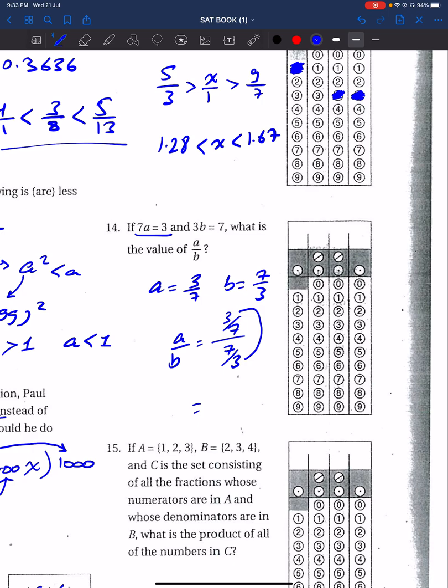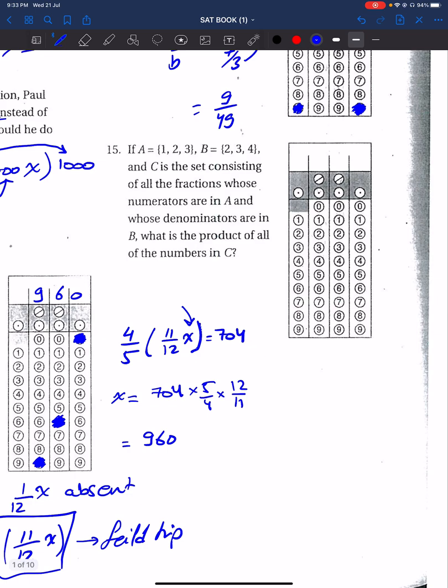You'll get 9 over 49. So you could write it as 9 over 49. You'll shade the 9 here, this one for the fraction, 49 over here.